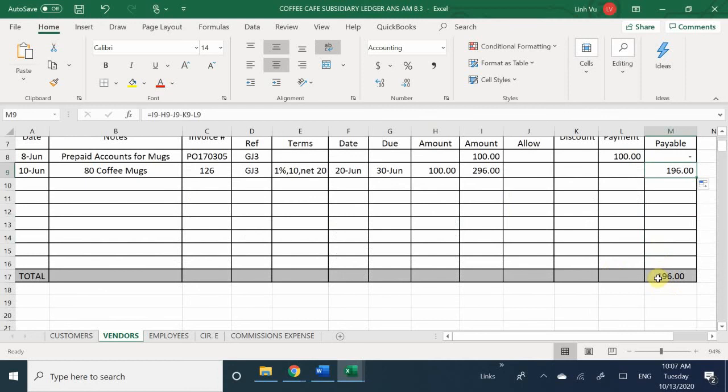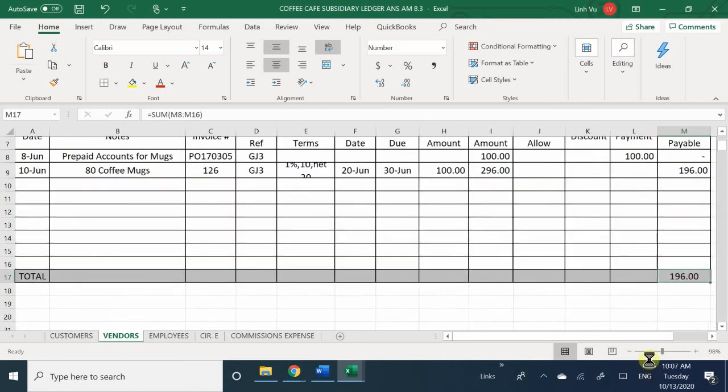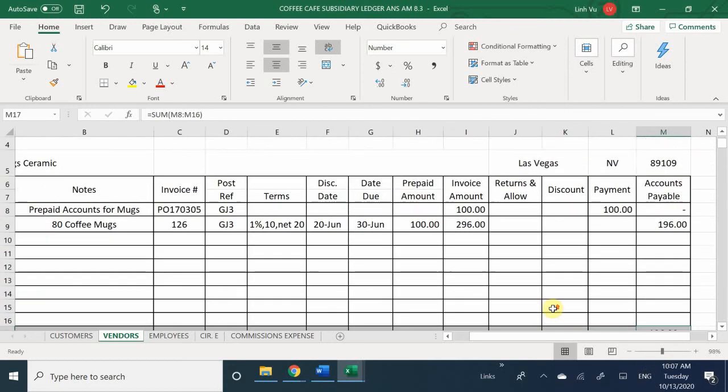And if we were to do the formula here, we only owe all things ceramics as of June 10 a total of 196. So that's how this table works. And this is how you fill it out as well. As we make payments, we're just going to go down the line.